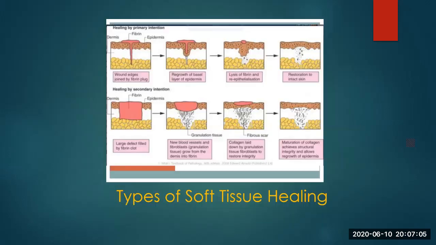Before we go to the topic of the lecture, I just want to remind you a bit about the pathology of soft tissue healing. As you know, soft tissue healing is either by primary intention or secondary intention.